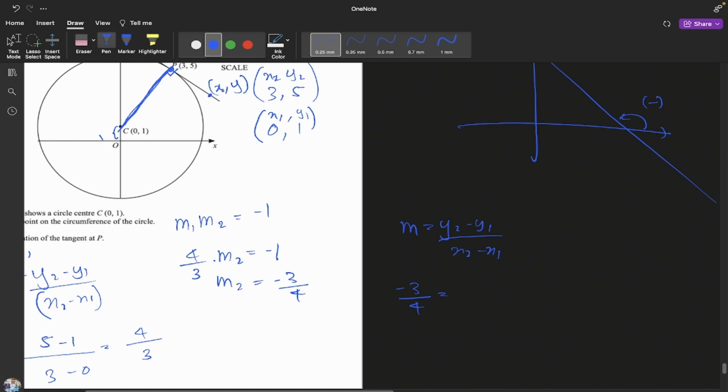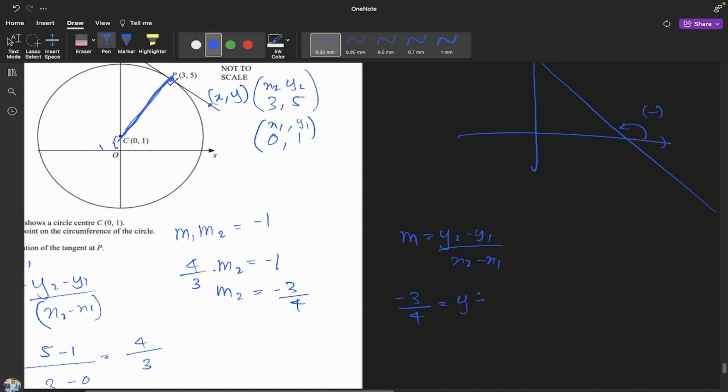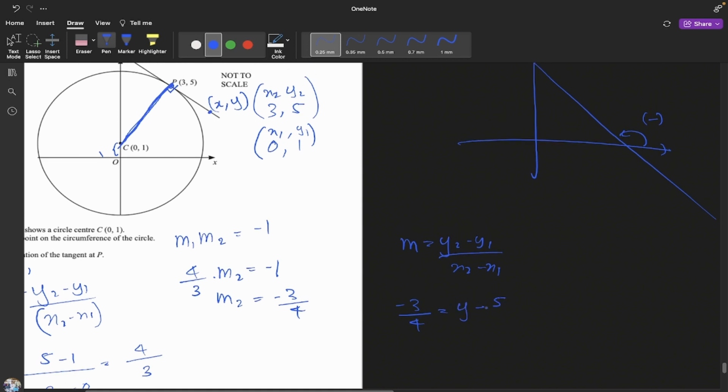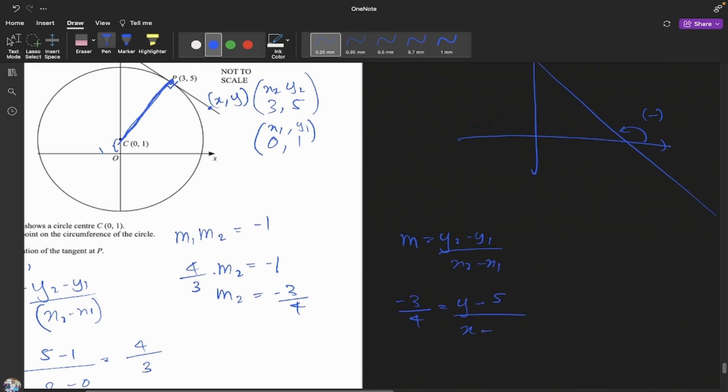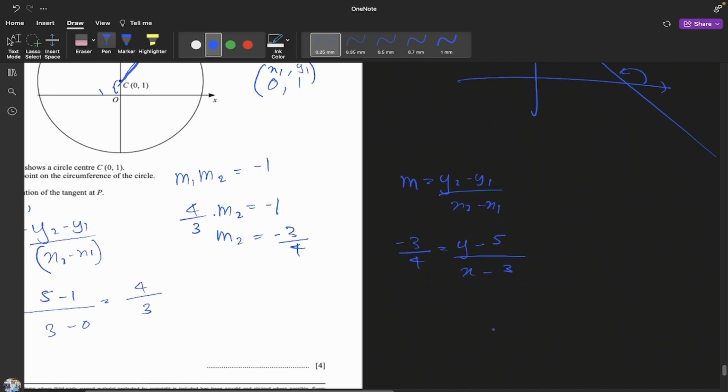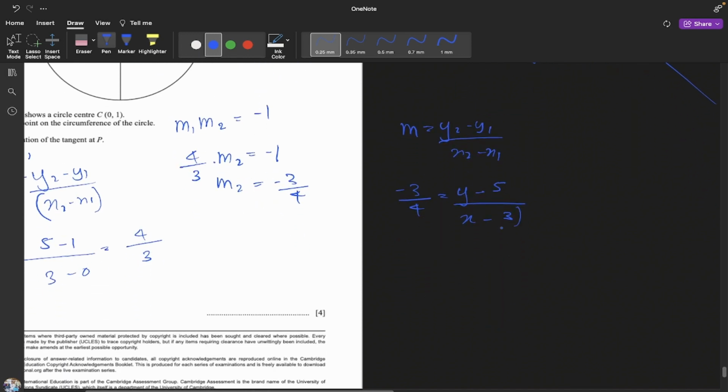I take this one as x2 and y2 in the next equation. So that is y minus, in y1's position it's 5. In x2's position I'll assume it's x, minus x1's position is 3. Now you solve this equation. You bring this here, you bring that there.